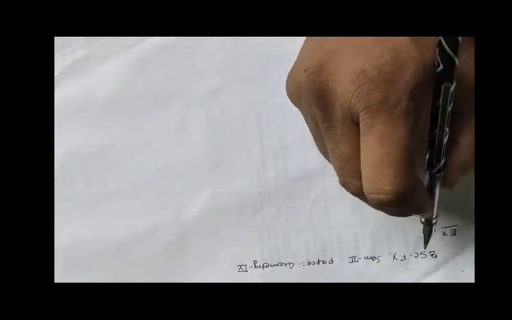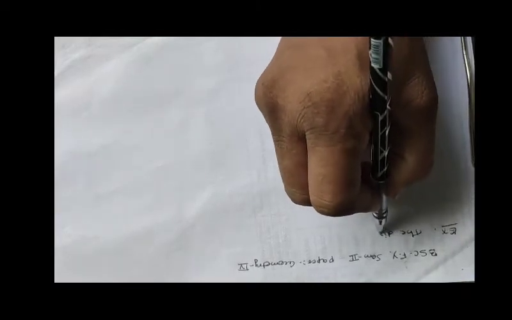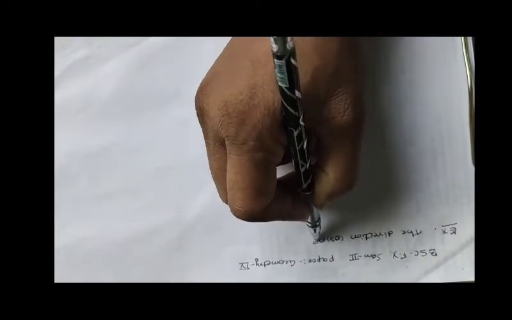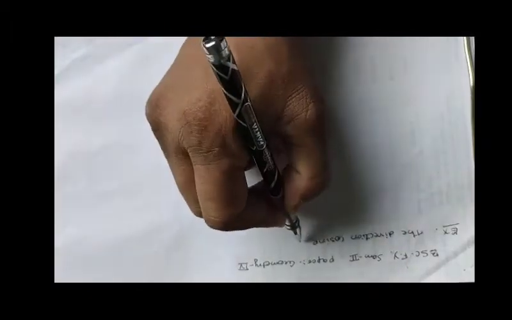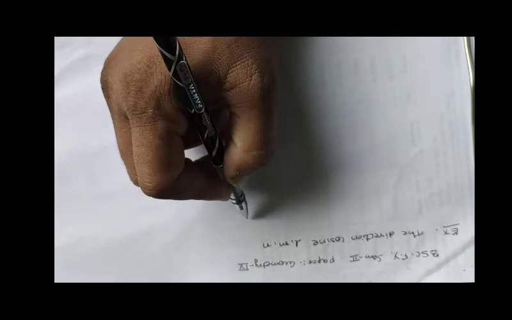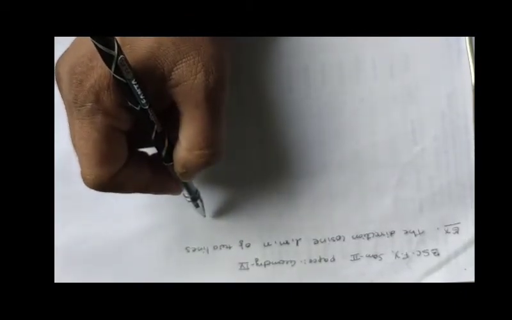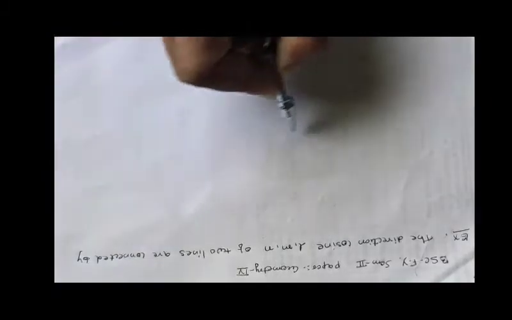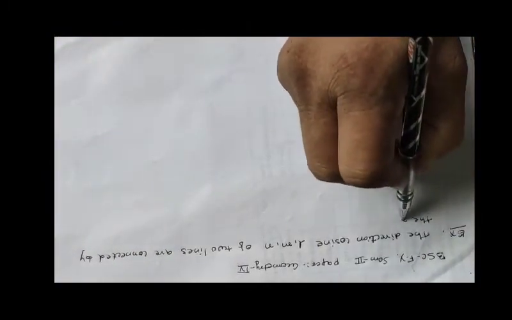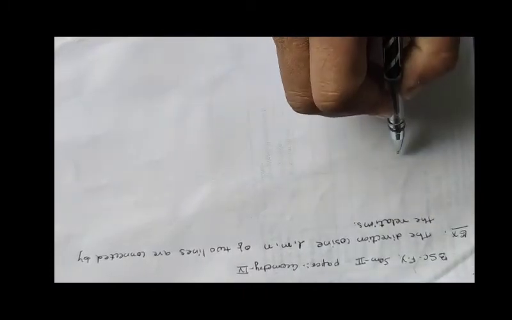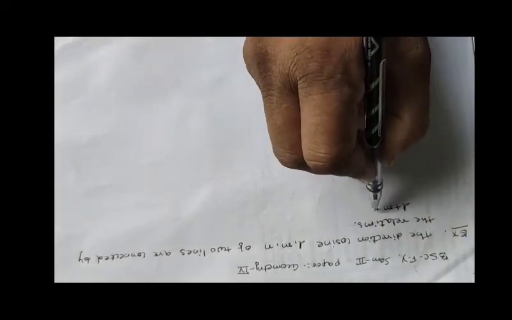See here, the direction cosines l, m, n of two lines are connected by the relations l plus m plus n is equal to 0.